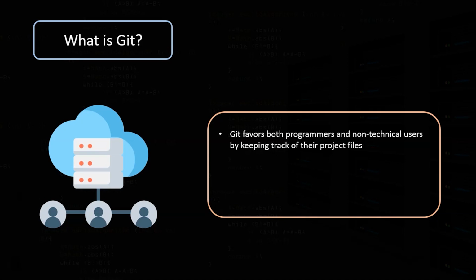For example, a DevOps engineer can also use these repositories to store Python scripts, shell scripts, configuration management tool scripts, and any kind of automation scripts, making use of this version control system.